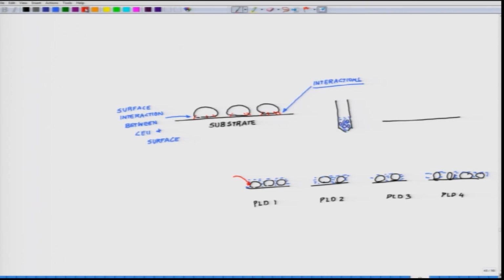Now once you put this suspension out there, either it will remain like this initially, or may remain for a while, or the other option is that it may spread out like this.